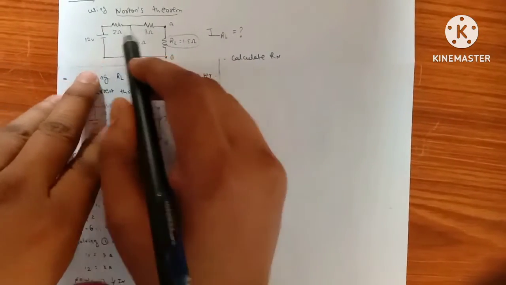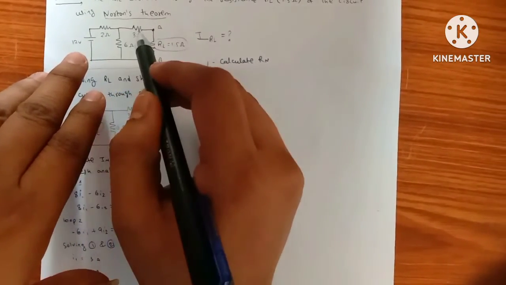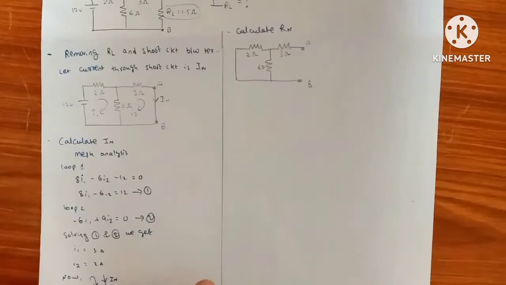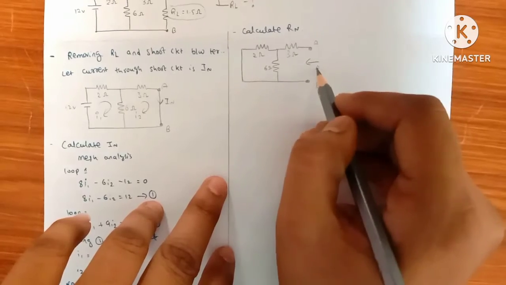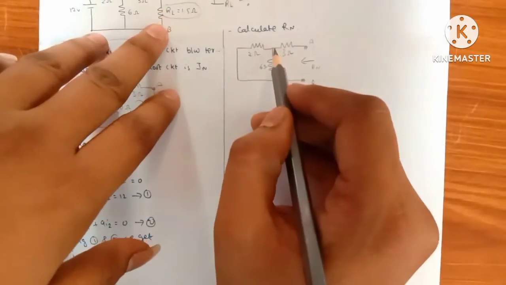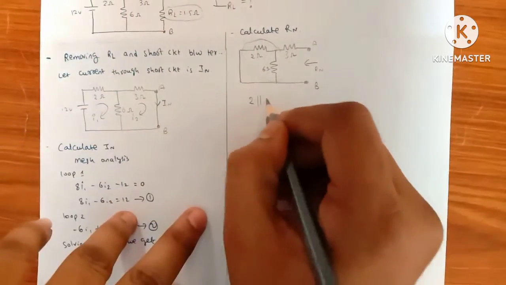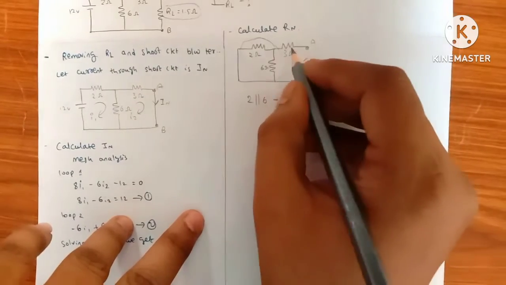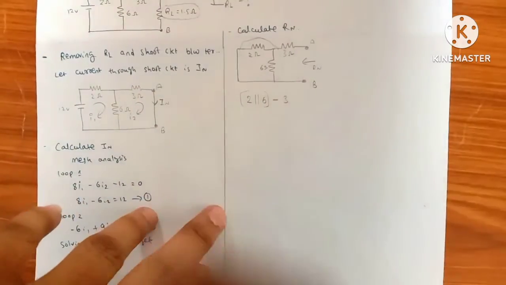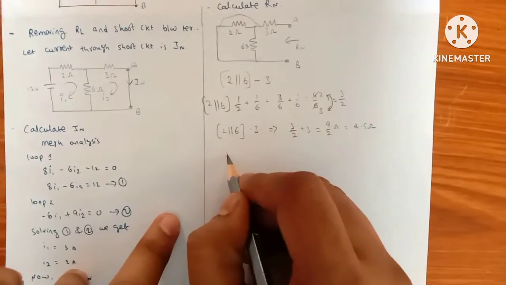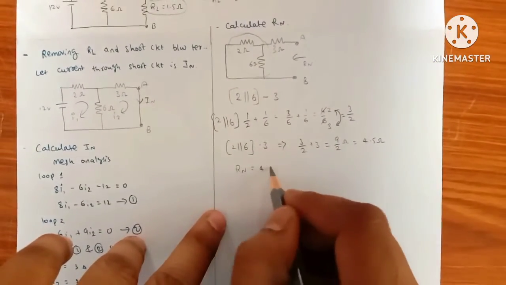Then the circuit looks as follows. Here 2 and 6 are in parallel, and this whole combination is in series with the 3 ohms. So across A and B, we get Rn equals 4.5 ohms.